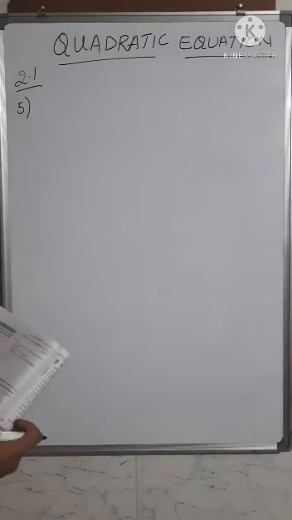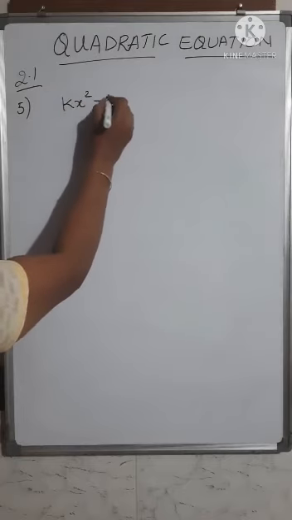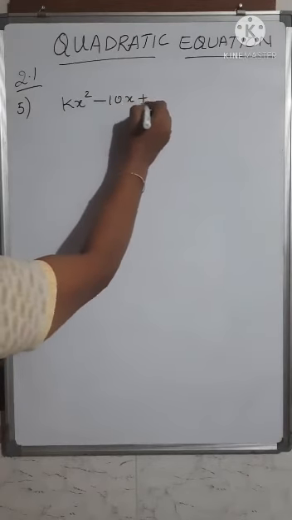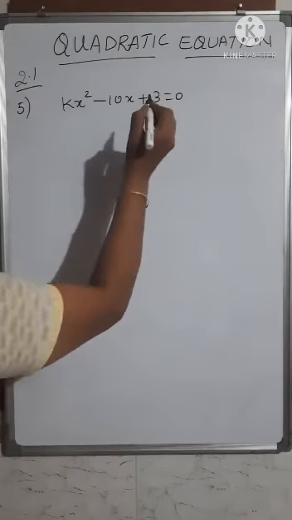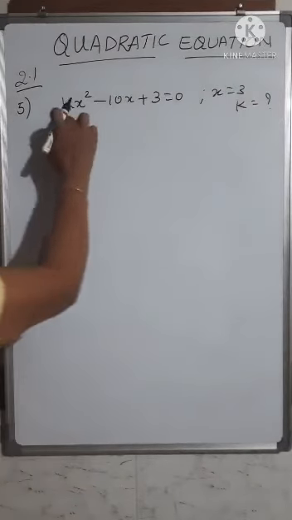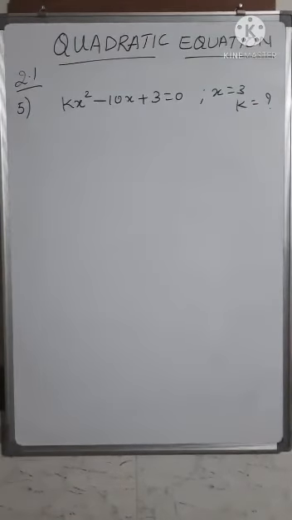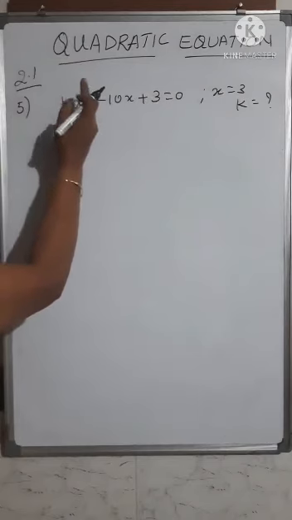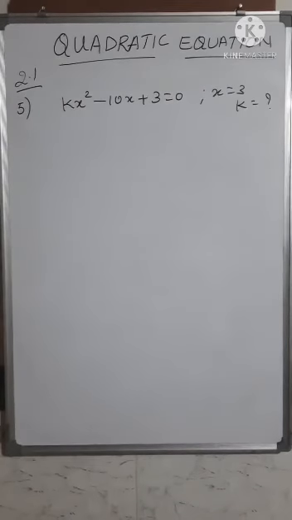The equation given is kx square minus 10x plus 3 is equal to 0, and they have told that x is equal to 3 is the root of the equation, and you have to find the value of k. Since x is the root of the equation, you have to substitute x is equal to 3 in the given equation.